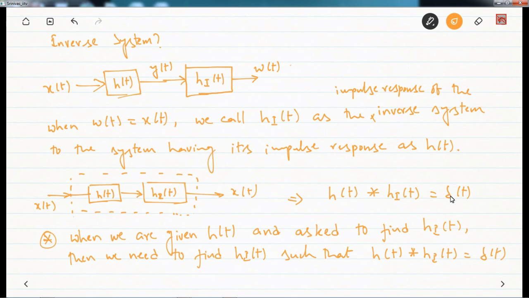Do you understand why we need delta of t? If the impulse response of a system is delta of t, its input is equal to output, right? If I tell you that there is a system having an impulse response delta of t, then its output and input are exactly the same. Whatever input you give, you get the same output.